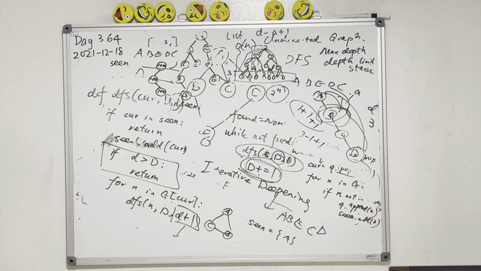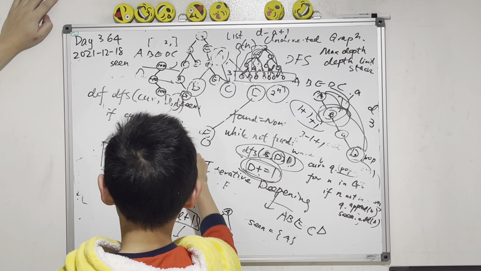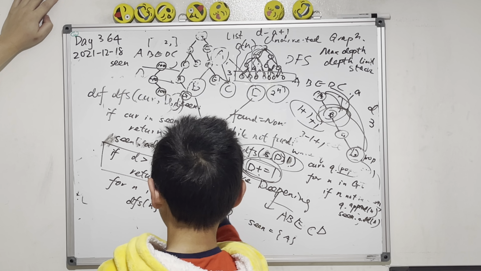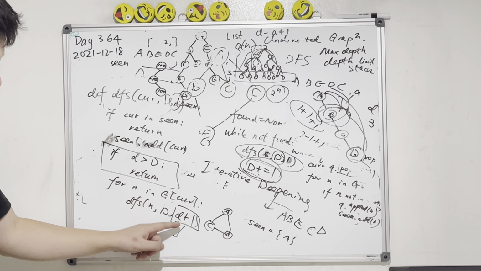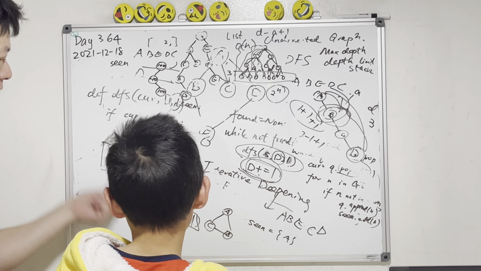If D is big, we're just visiting a few nodes. This part is saying if we haven't seen it, it gets added, and this is if it's bigger. If not, we visit the next one using recursive depth search.